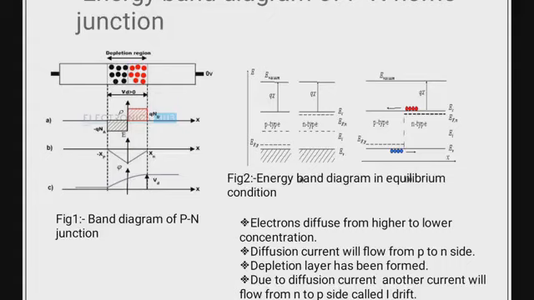This is the negative charge density, and when electrons move towards the P junction, they leave some positive immobile ions, and due to this the positive charge density will be above the x equals 0 axis, and that is why it is denoted over here.